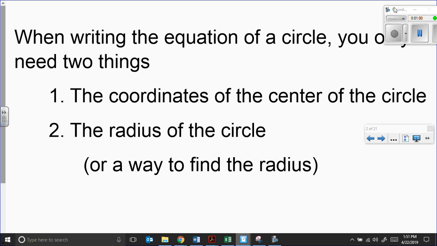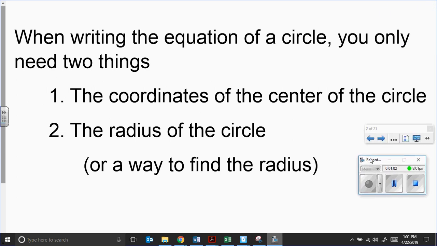All right, so when you write an equation of a circle, you're looking for two things. You need the coordinates of the center, and then you need the radius. About 99% of the time, you will either be given the coordinates of the center or they will give you a picture where you can identify the center on the graph.